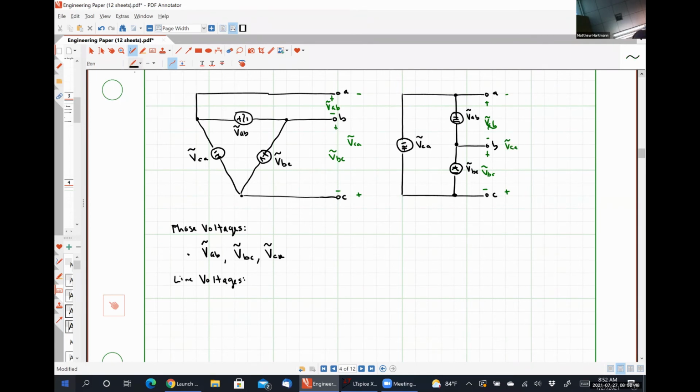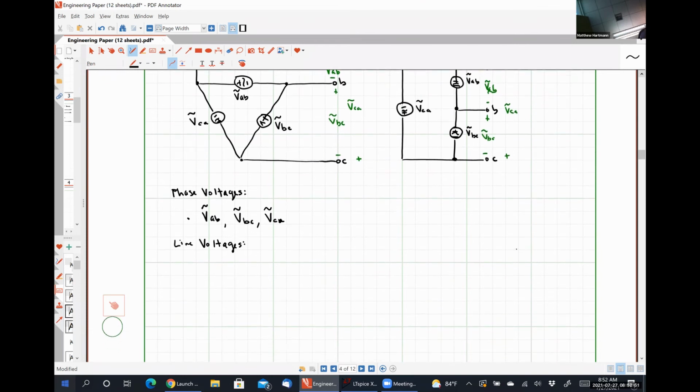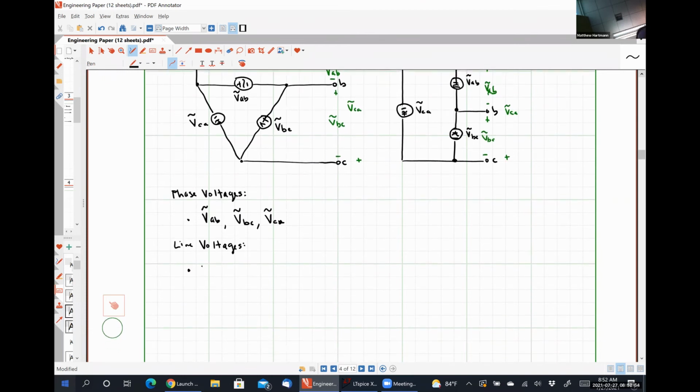So for this delta connected source, our line voltages and our phase voltages represent the exact same quantity. So for the delta configured source, the line voltages and the phase voltages are identical, okay? But for the Y connected source, they are not. And I bet you can now see how some of this starts to get a bit confusing.